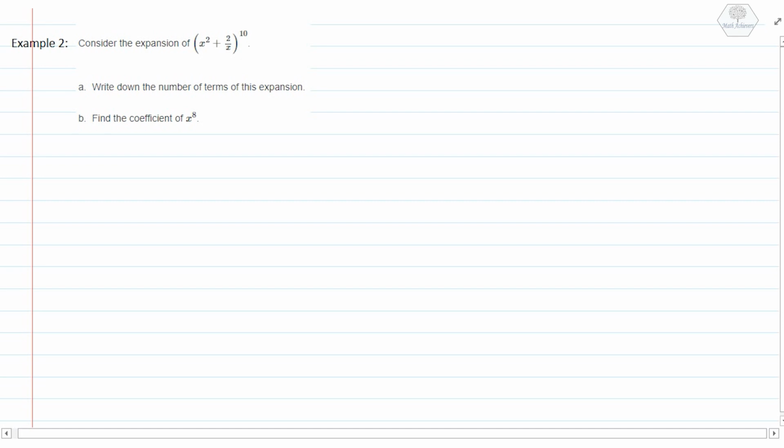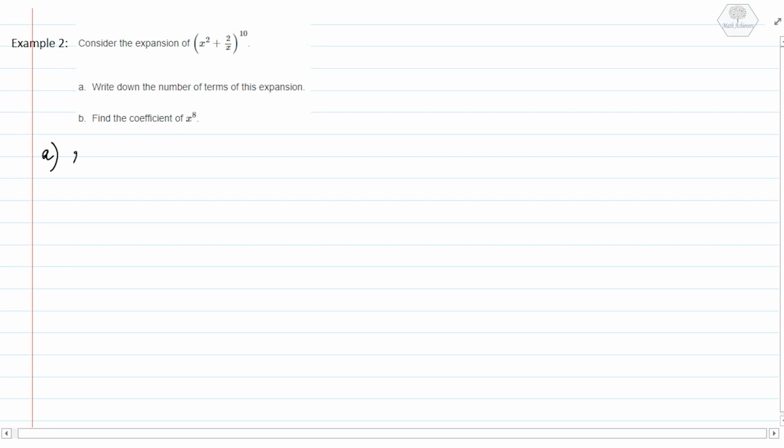Example 2, consider the expansion of x squared plus 2 over x, all of it to the power of 10. Part A, write down the number of terms of this expression. The number of terms is always 1 more than n.